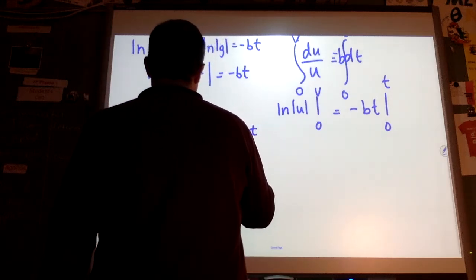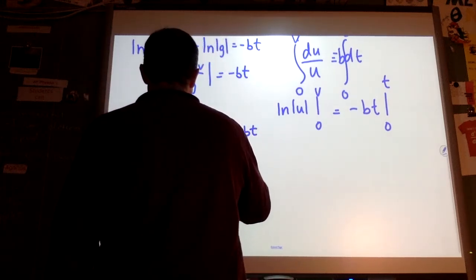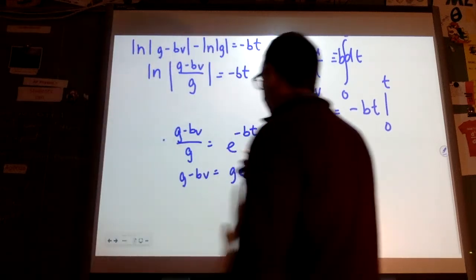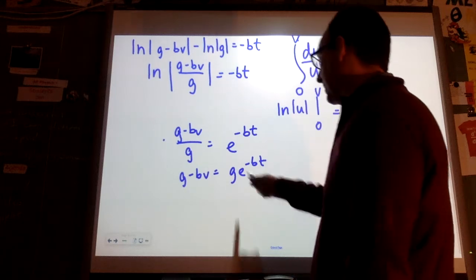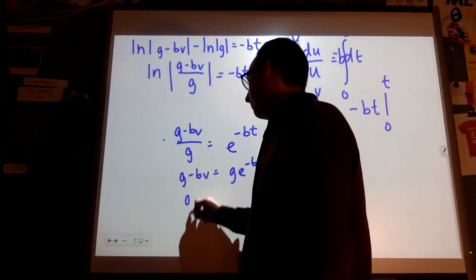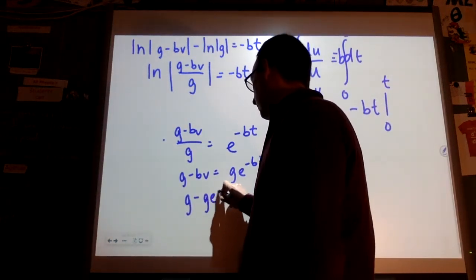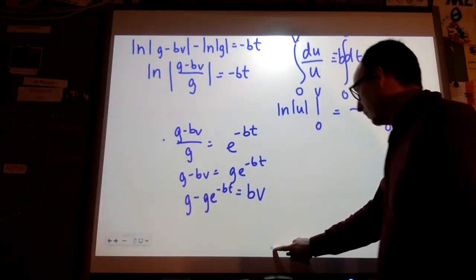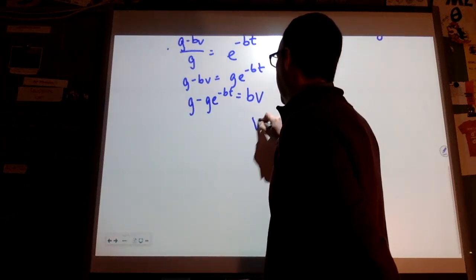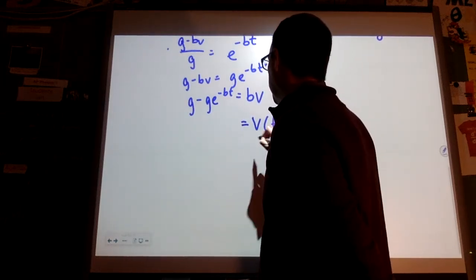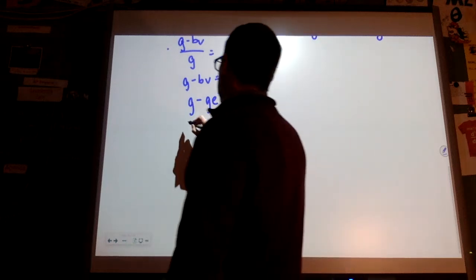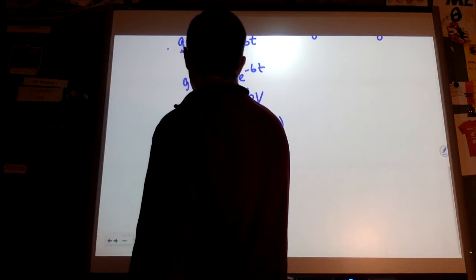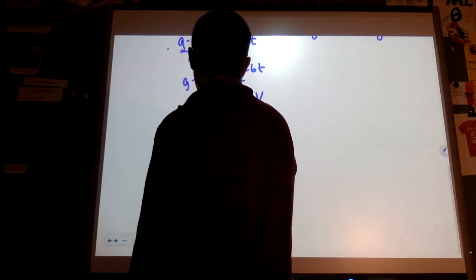So I'll multiply both sides by g. And then I'm going to add bv and subtract g e to the negative bt. And then I can divide out the b, and so I end up with g over b times 1 minus e to the negative bt.